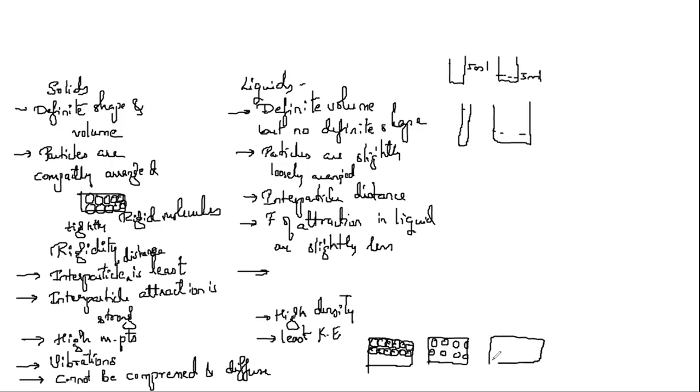And when I talk about gases, I show them like this, the particles very far from each other. So liquids are slightly compressed, not very much, but slightly compressed. Then when you say diffusion, they are also less diffused. Kinetic energy is more than solids.